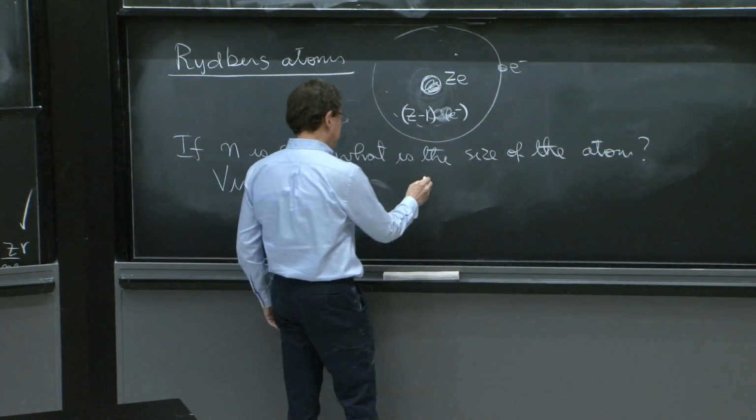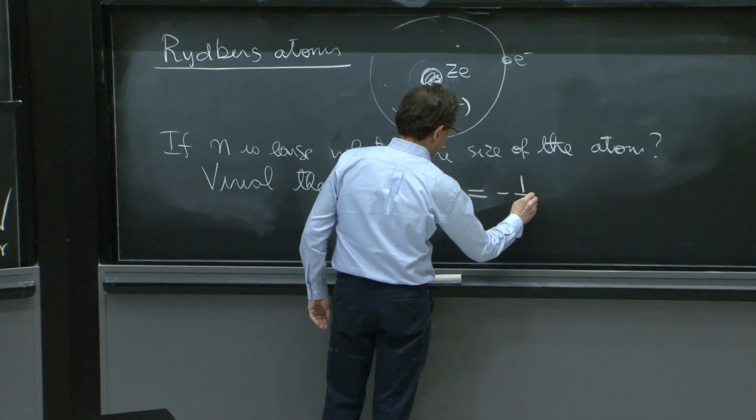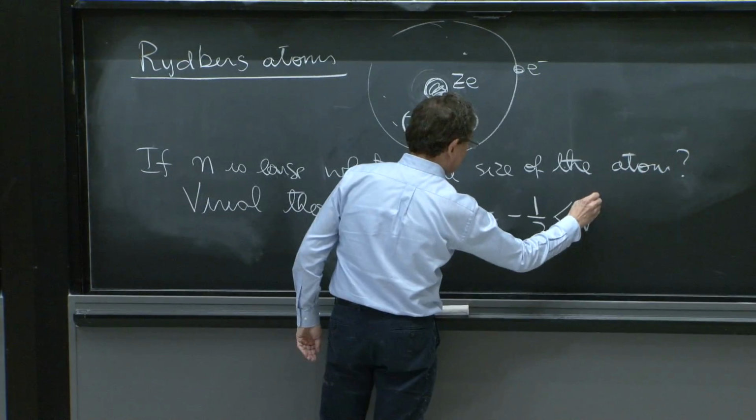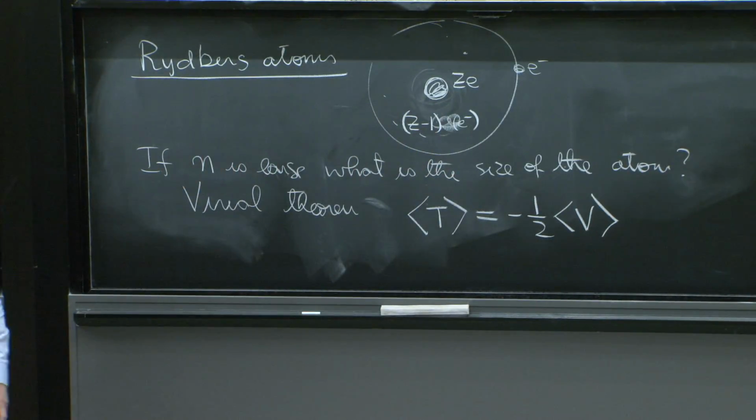It takes me a few seconds to try to reconstruct that it's this. For the hydrogen system, for any 1 over r potential, there is this relation between the expectation value of the kinetic energy and the potential energy.